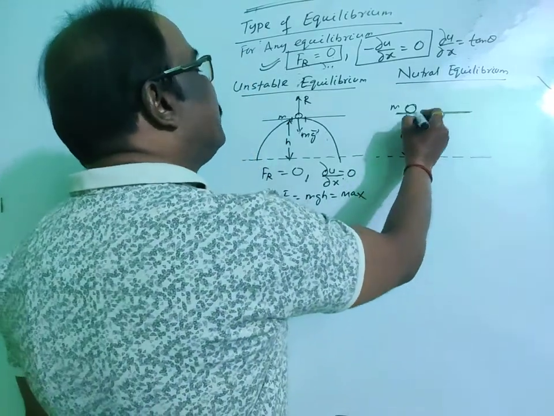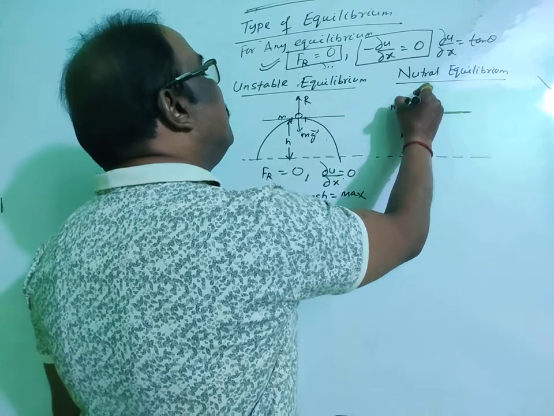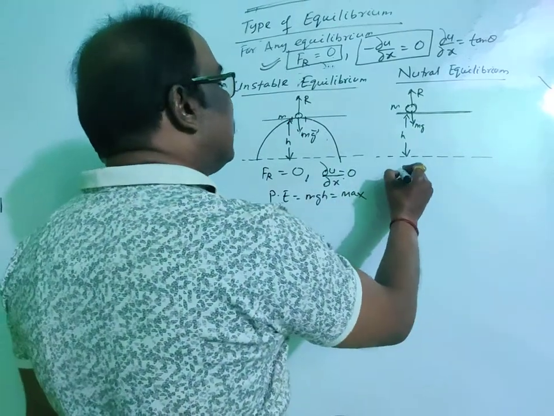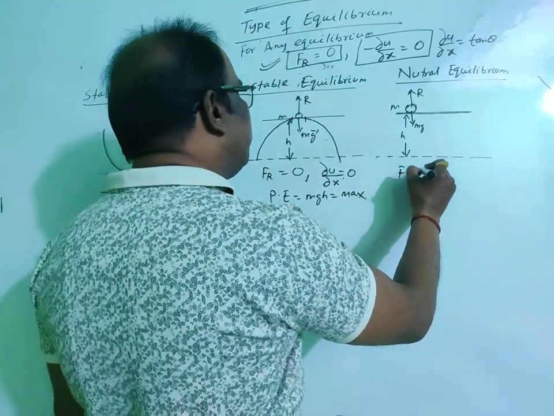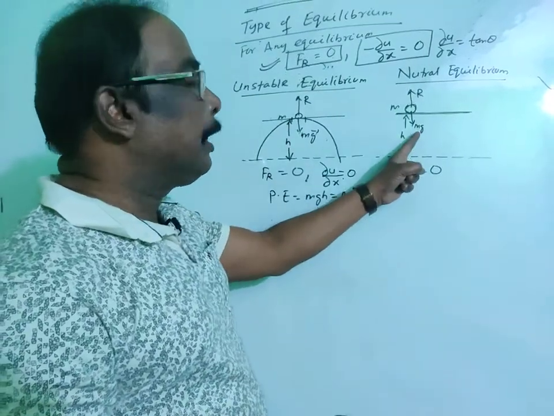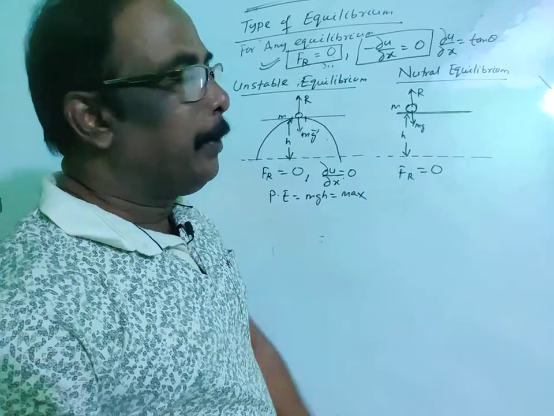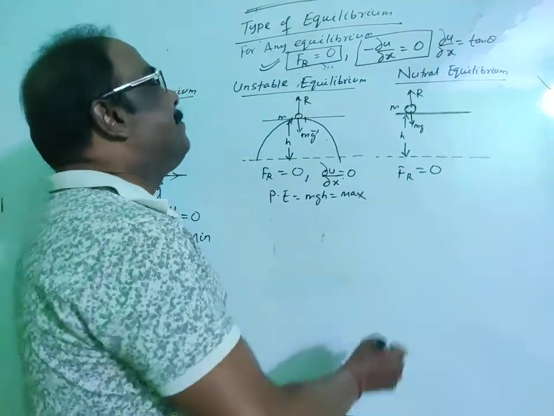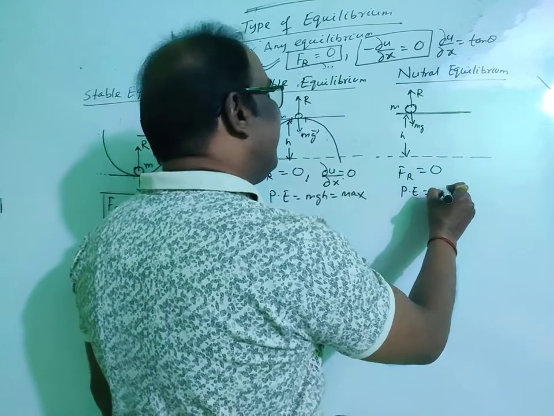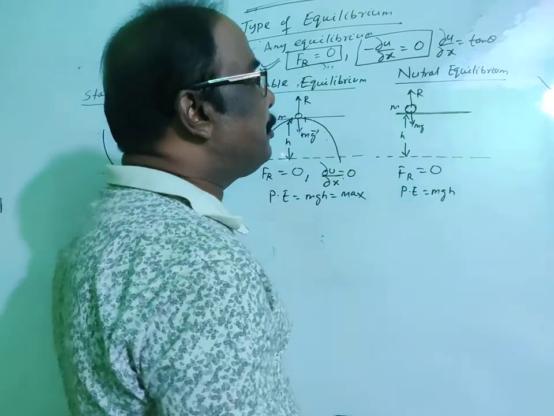Here also, the weight of the body acts vertically downward and the normal reaction is perpendicular to the surface. Again the resultant force is 0, as normal reaction and weight balance each other. But here the potential energy is mgh.